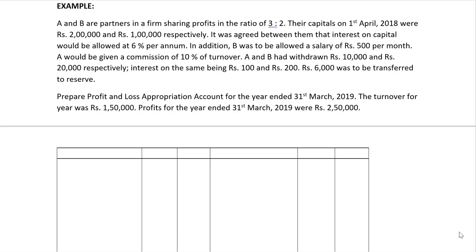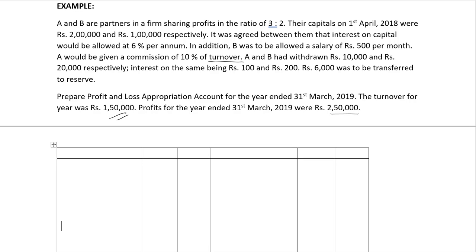The information given is the turnover for the year was 1,50,000. This is relevant because A would be given a commission of 10% on turnover. Also given is that the profits for the year ended 31st March 2019 is rupees 2,50,000.